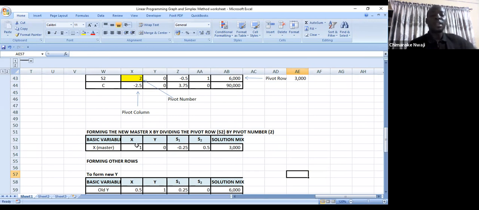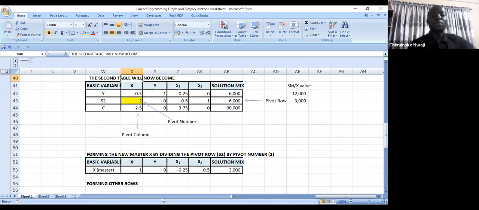So you see here, 2 divided by 2 gives me 1. Here will be 0 divided by 2 gives you 0. Here will be 0 minus 0.5 divided by 2. That will give you minus 2.5, and so on. So when you do it, this is your master table.